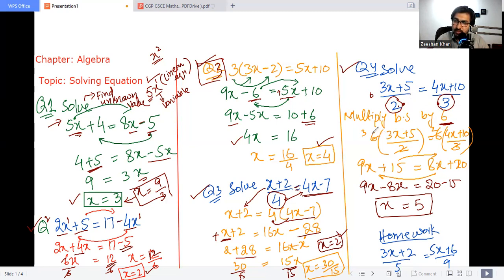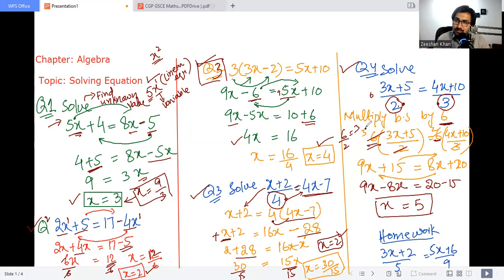So you can see I have multiplied 6 here on the left side and 6 on the right side as well. This 6 can be divided by 2, so 3 will be left, because 6 by 2 is 3. So this 2 is removed, and 6 by 3 is 2.